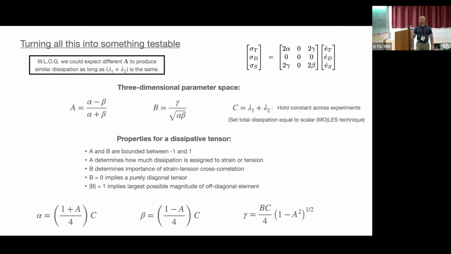You can set the eigenvalues based on that moles stuff that I talked about earlier, and just vary these other two parameters. Again, alpha, beta, and gamma are just these little things sitting across the tensor. You can just vary these two quantities, A and B, and see what happens. And the nice thing about these is that they're bounded, they're well-defined in terms of what they're doing.